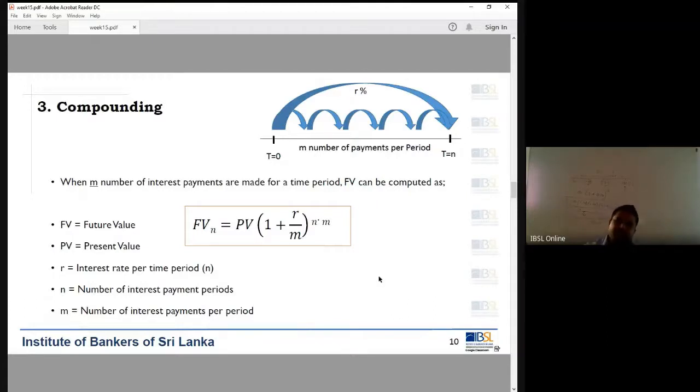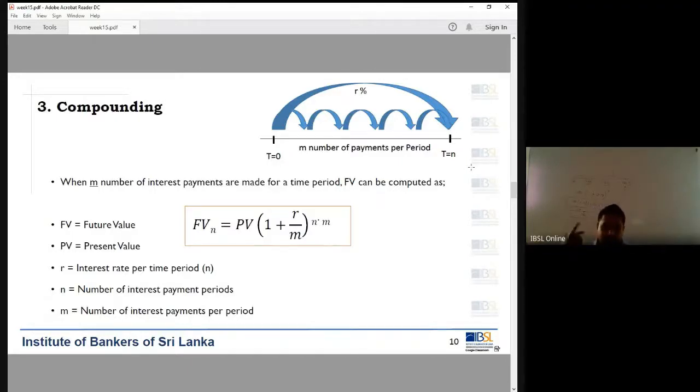Carefully look at this again. From T equals 0 to T equals N is going to be your cash flow for a single time period of your discussion. But instead of getting one cash flow from T0 to Tn, now intermediately we are going to get more cash flows. In our previous example, we start with 100, then we moved up to 110.